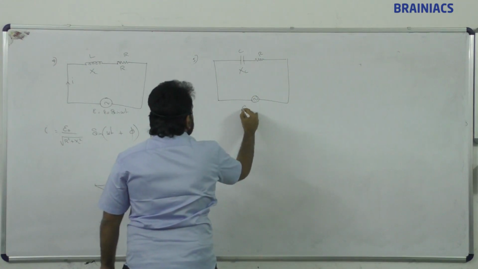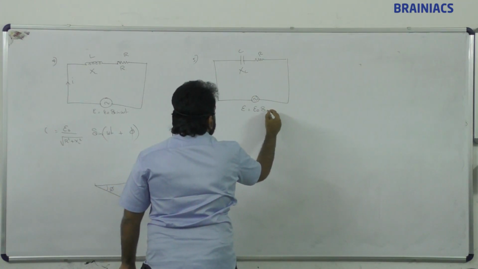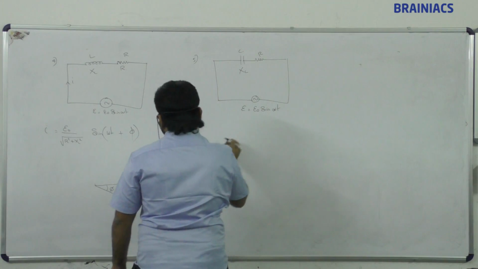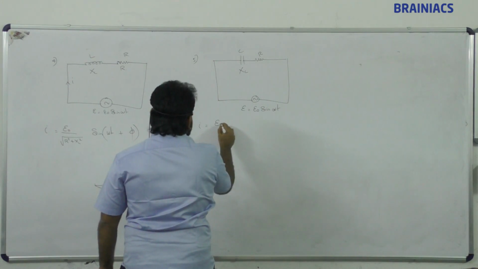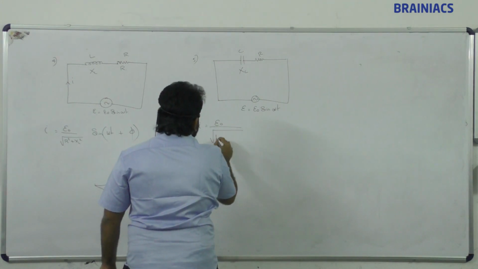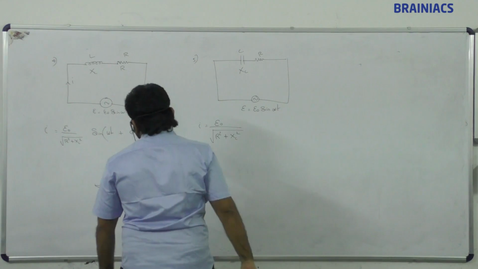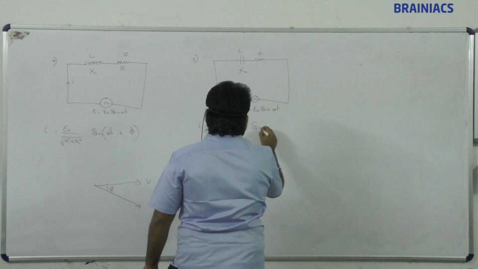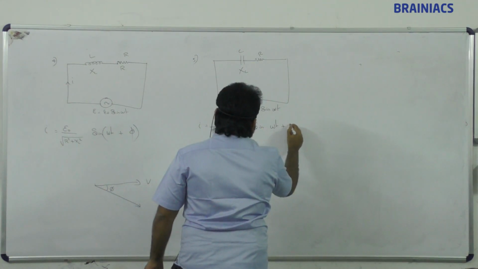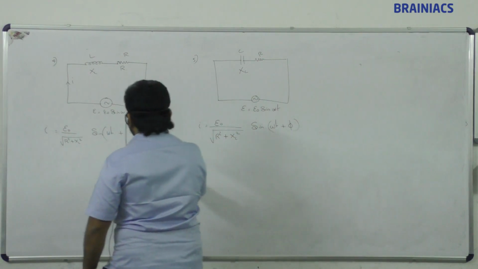E is equal to E naught sin omega t. So I is equal to E naught divided by root of R square plus X_C the whole square, and this is going to be sin omega t plus phi. In phi, plus or minus?